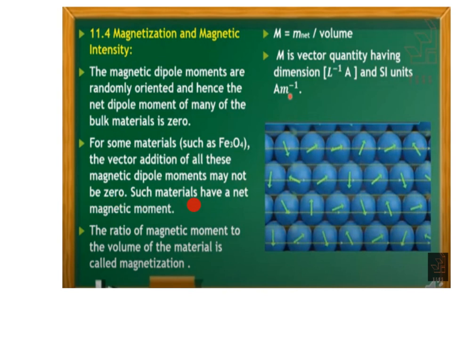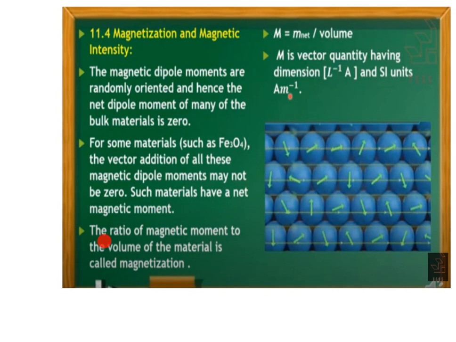Such materials have a net magnetic moment. So, when magnetic dipole moments are not zero, then the material has a net magnetic moment.